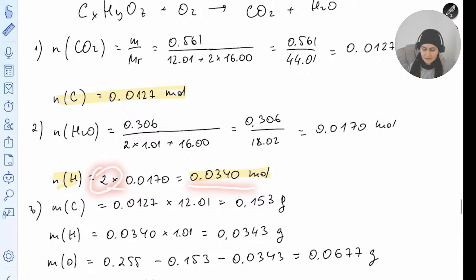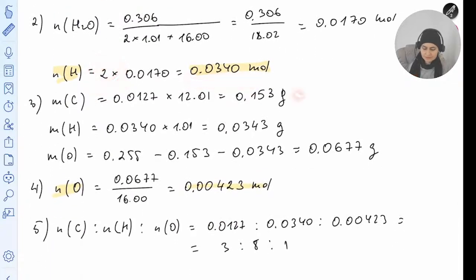Remember the 2. Then you find the mass of carbon and hydrogen and do total mass of the compound minus mass of carbon atoms minus mass of hydrogen atoms. So you get mass of oxygen. Then you convert that into moles, and then you take the ratio of moles of C, H, and O.